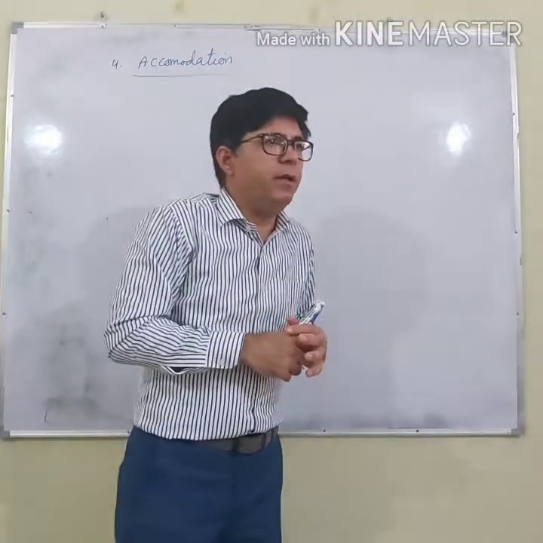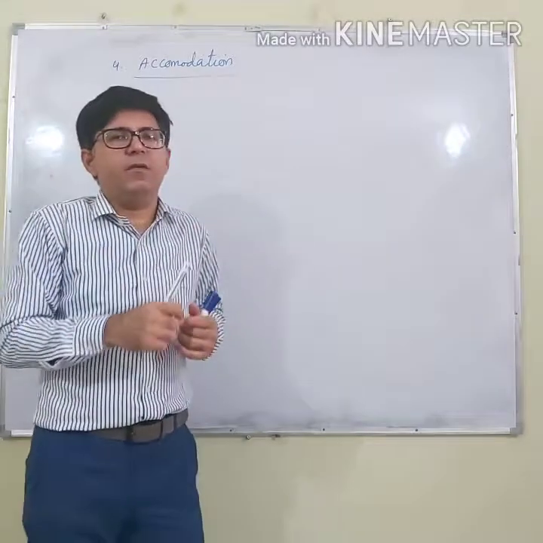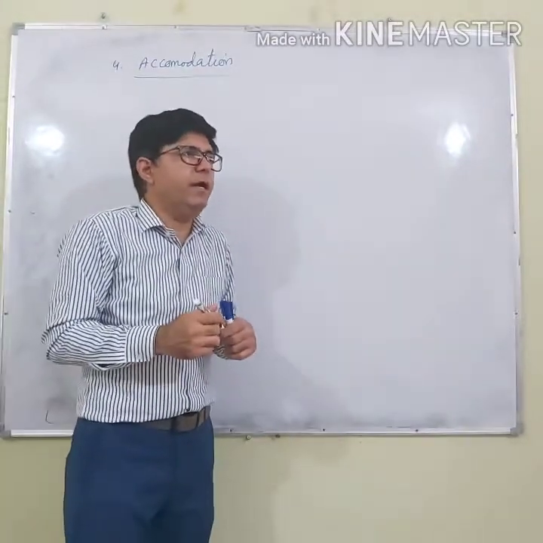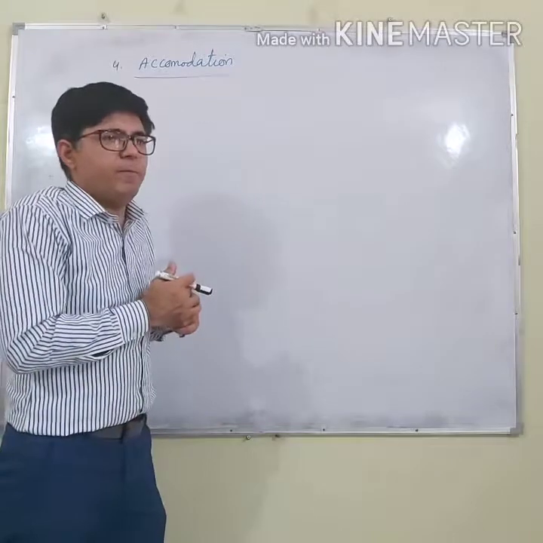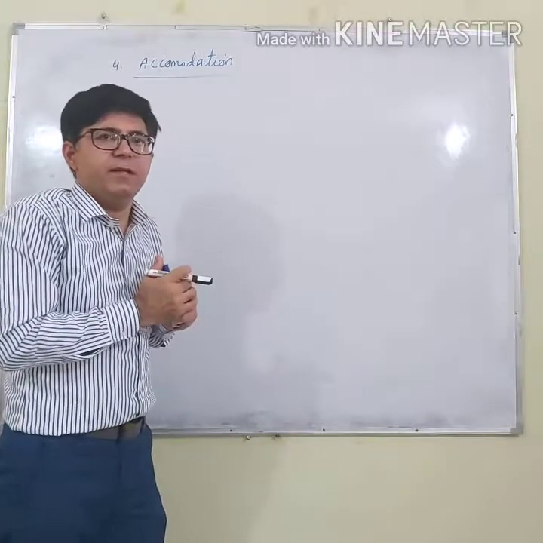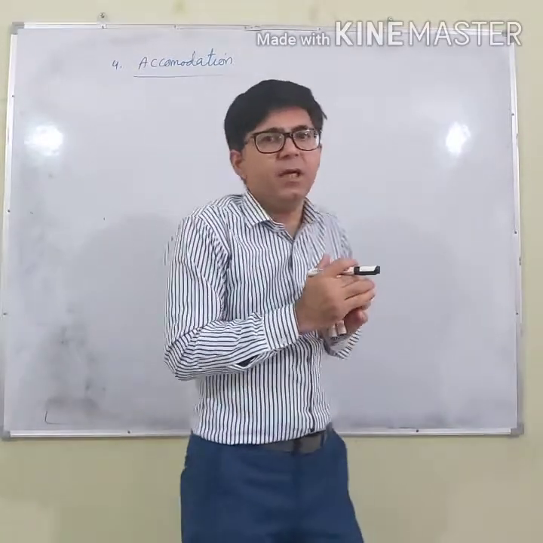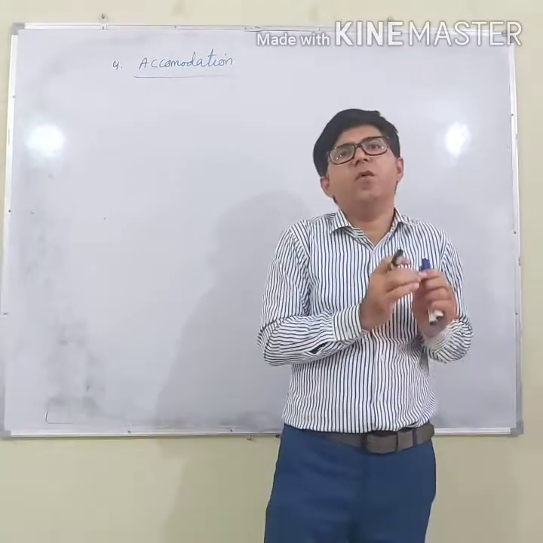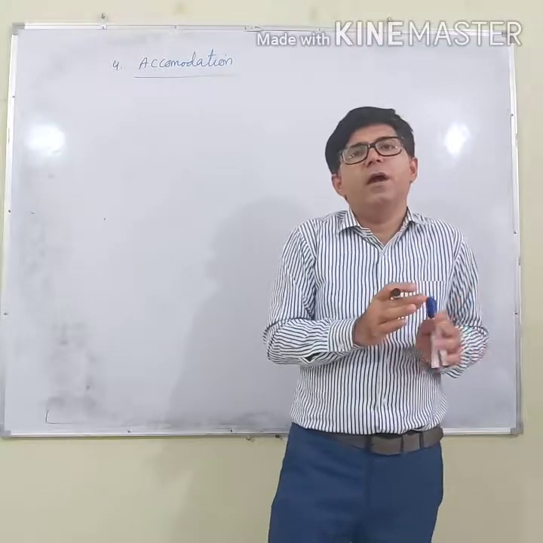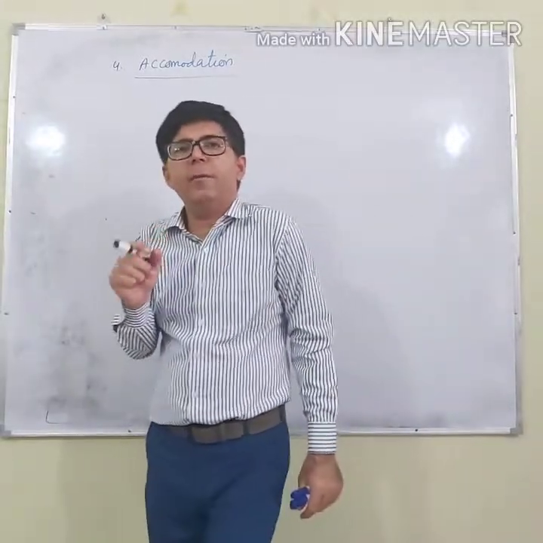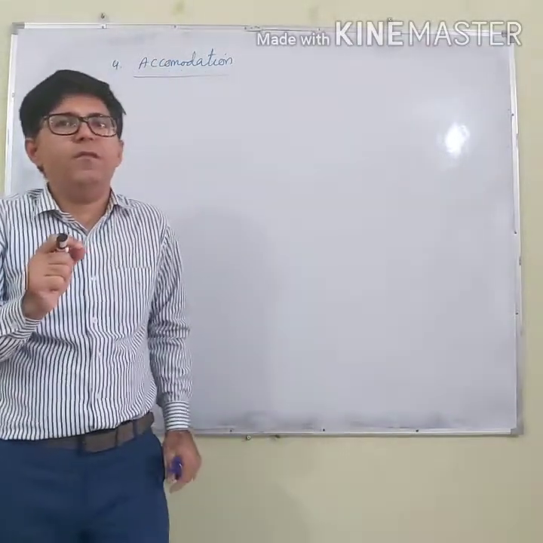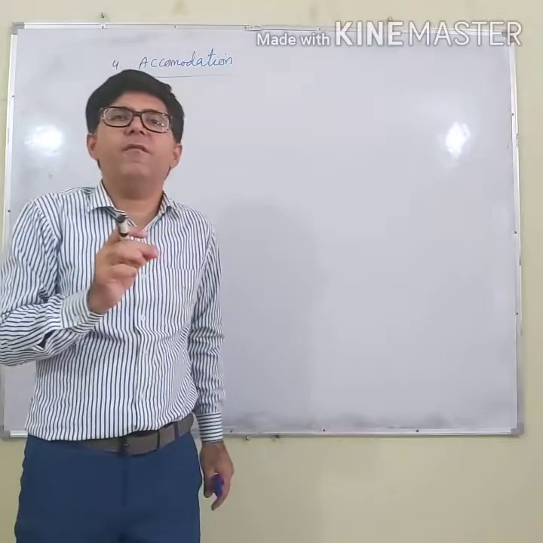What message do I want to convey? We have done in previous lectures that in the case of a convex lens, when the object was at infinity, the image is formed at the focus, and when the object is beyond 2f, the image was formed between f and 2f.